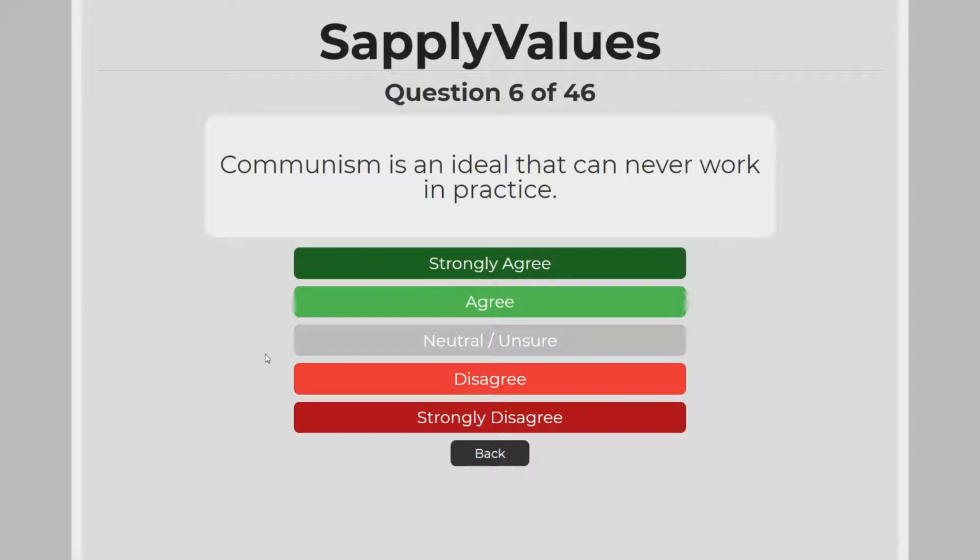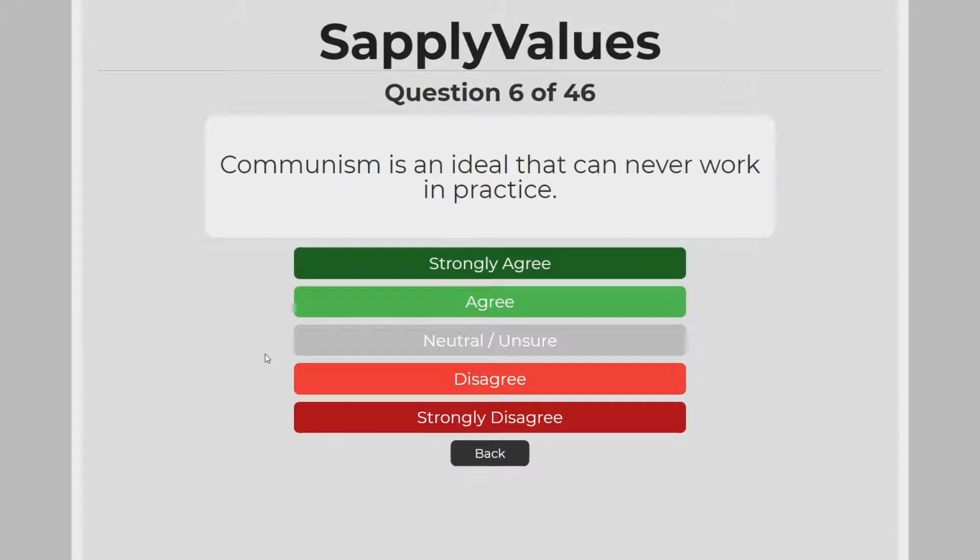Communism is an ideal that can never work in practice. Okay, well, true communism has never been practiced, so let's just get that out of the way. Honestly, my take on communism is that I think it can work in a small environment.